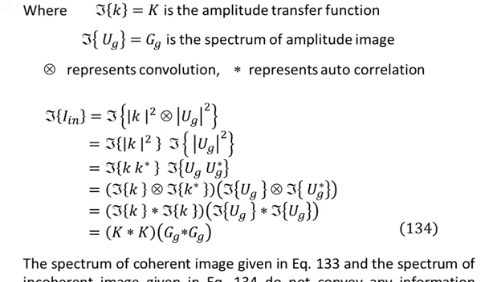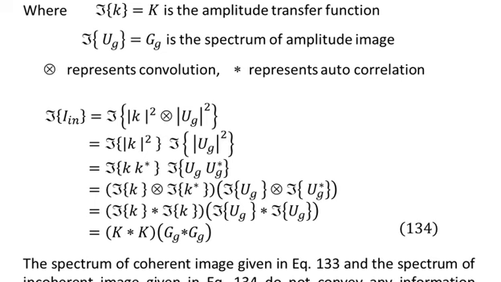Then the Fourier transform of k convolved with the Fourier transform of k conjugate, and then similarly the Fourier transform of ug convolved with the Fourier transform of ug conjugate. And then by the same definition we have given previously, the convolution can be converted into autocorrelation, and similarly we can also convert the convolution into the autocorrelation in the second step.